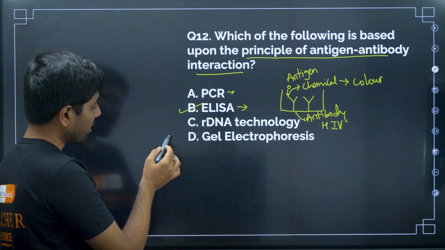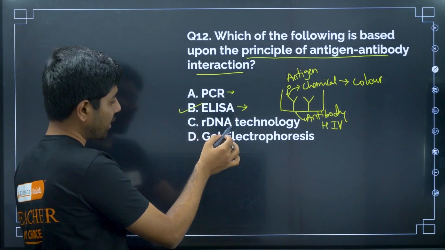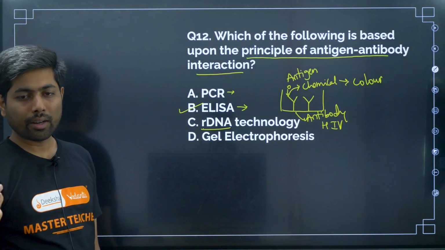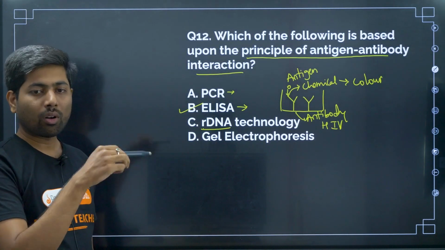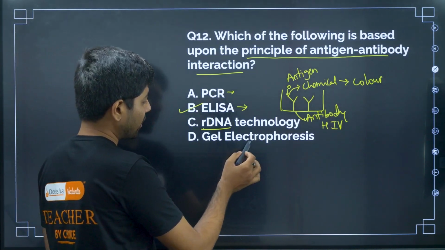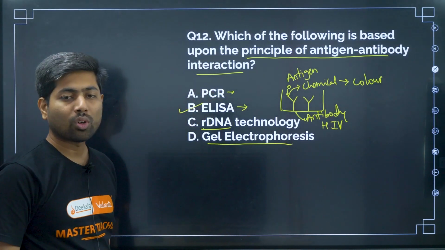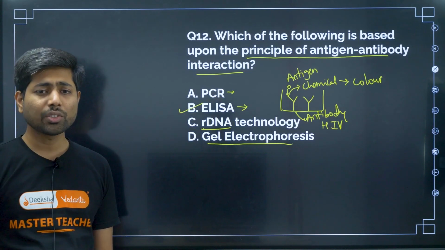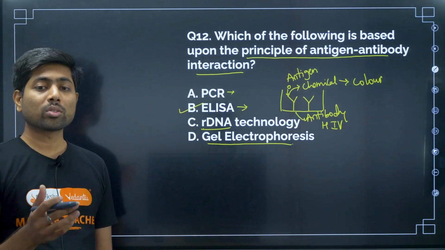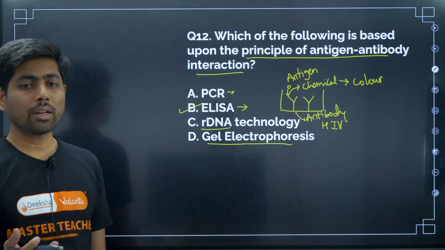rDNA technology is bringing a foreign gene or a foreign DNA into the genetic material of a particular organism, generally bacteria. Gel electrophoresis is separation of the genetic material or nucleotides or even proteins, based on the density and the charge.